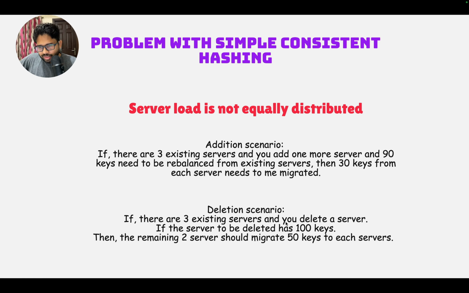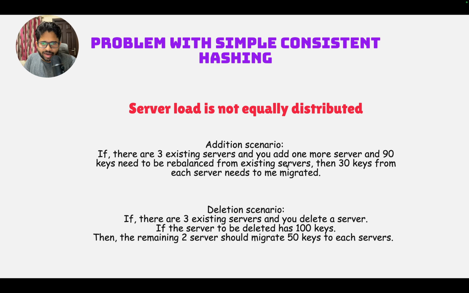And likewise for deletion, if you need to delete a node, then all the data of the node which is getting deleted is just getting assigned to one server. So that one server is suffering. Ideally, if there are 100 keys in the server which you are planning to remove, 50 should go to one and 50 should go to the other. But that is not happening, and that is a bigger problem.